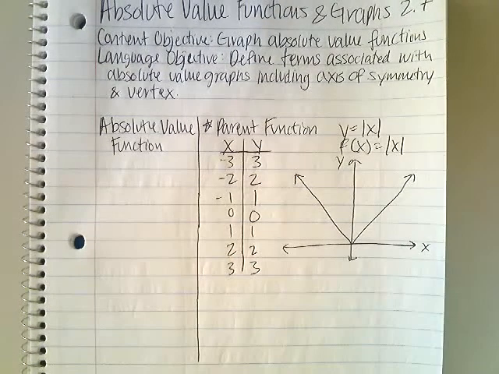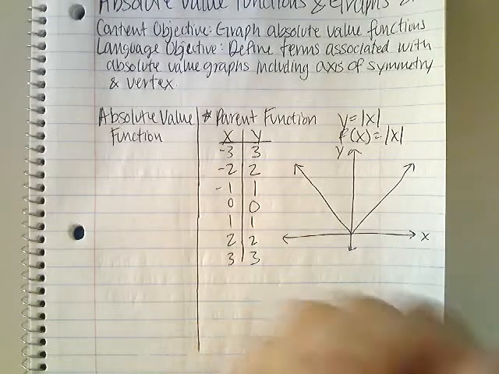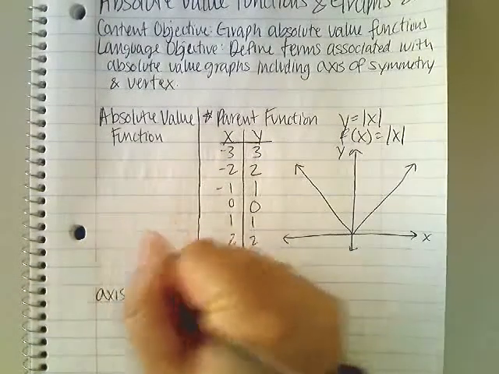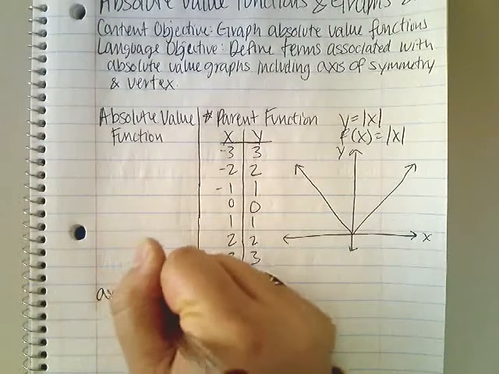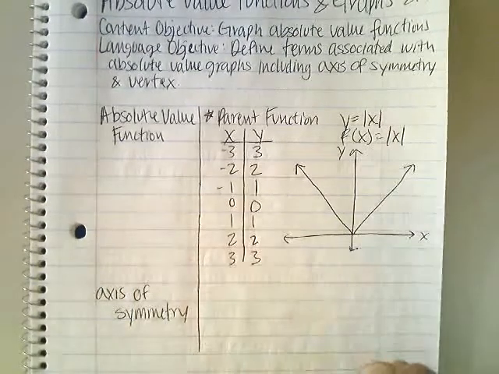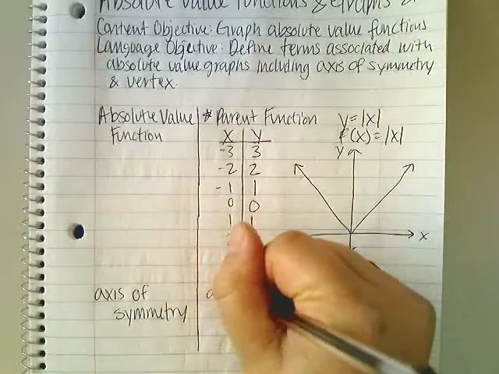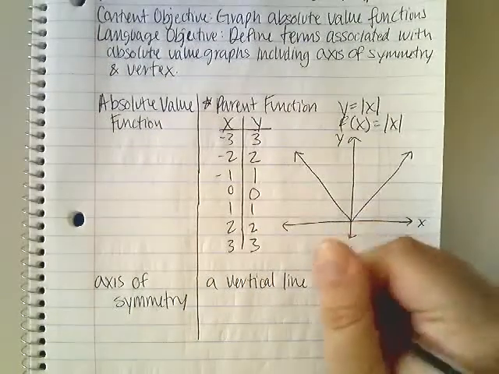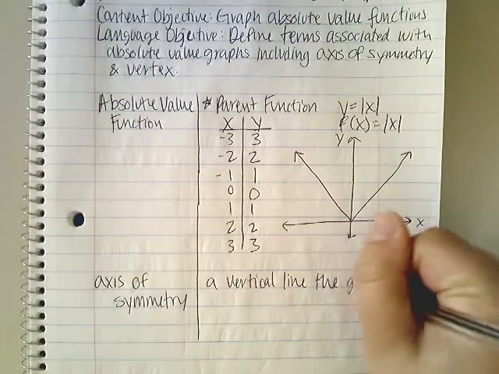Other key features of an absolute value graph, as we mentioned in our language objective, are the axis of symmetry and the vertex. So the axis of symmetry, to start, is a vertical line the graph is symmetric about.